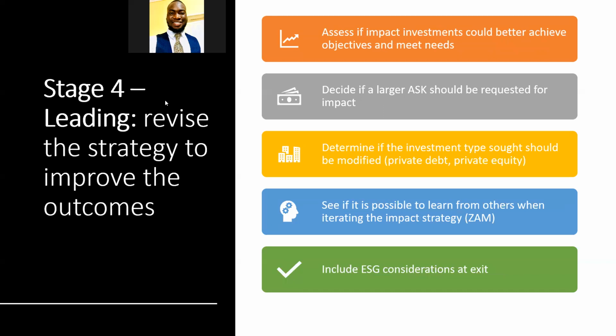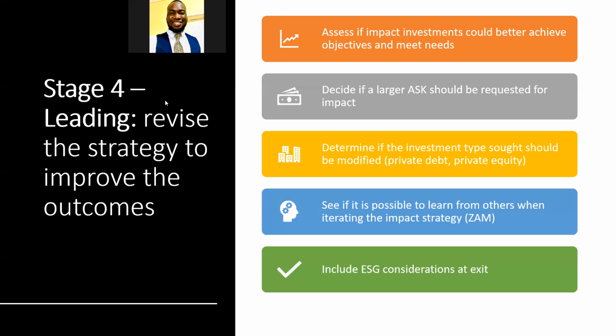So under the fourth stage within the framework, we get to look at leading, which is basically revising the strategy to improve the outcomes. Yeah, so under this stage, we get to assess if impact capital or impact investments could better achieve objectives and meet the needs.